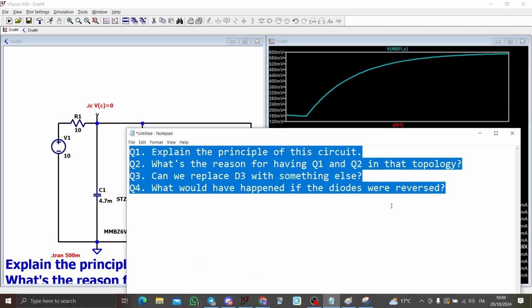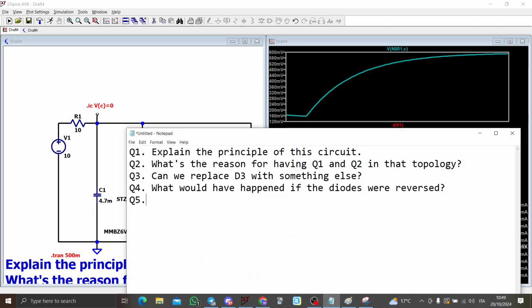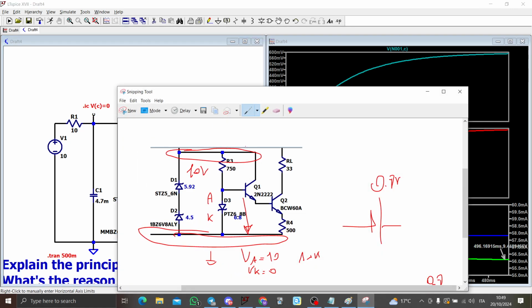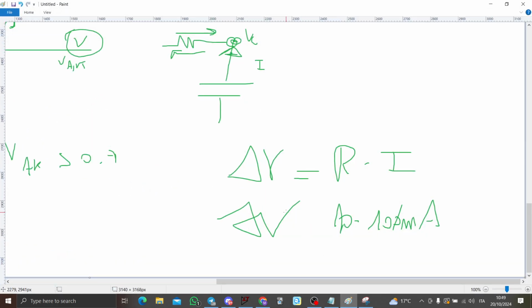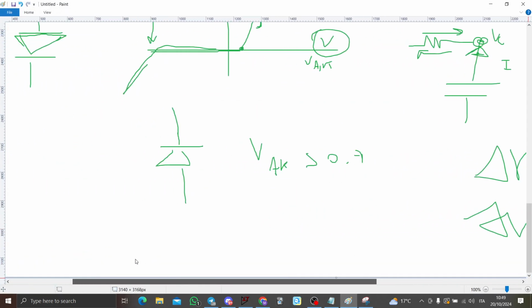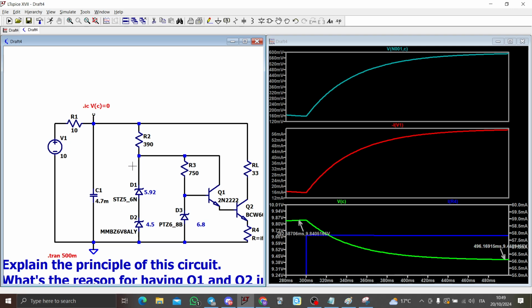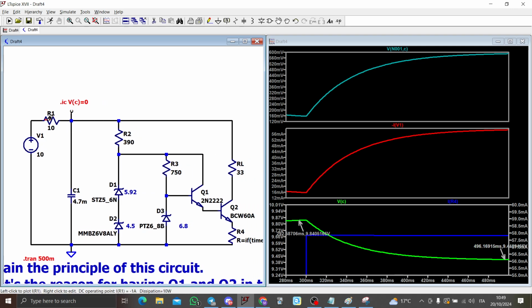Another question that you can ask is what would have happened if R1 equal to 1? So what happens if we change this resistor? If we change this resistor, the drop voltage will be less, because the current, pay attention to this, the current flowing is not decided by the input, it is decided by the load. So the current flowing will be always the same, but that will change the drop voltage of R1.